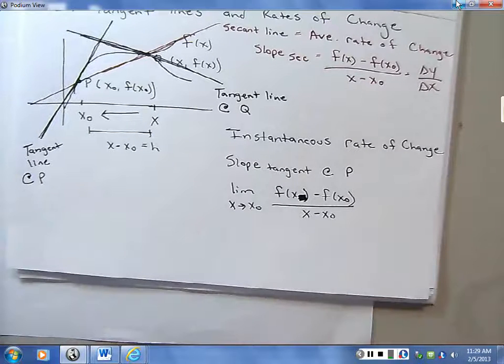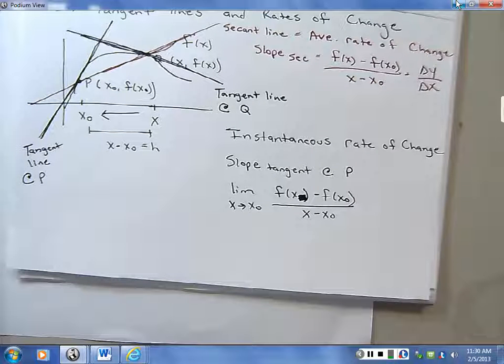Slope of the secant line, you plug in your change in y over your change in x, you get a value. That's your average rate of change. Your instantaneous rate of change, you're going to have to apply the limit. And your book first approaches this as if this x value is approaching x naught, meaning this distance is going to 0.